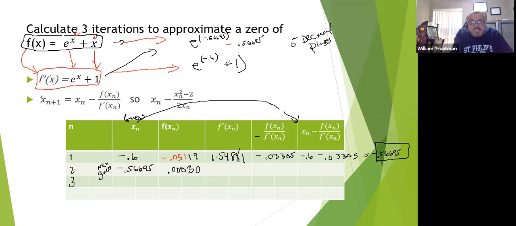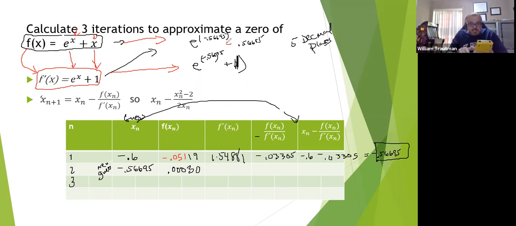By the way, the calculator gives it in scientific notation. This is a 1, so this is always going to stay 1.